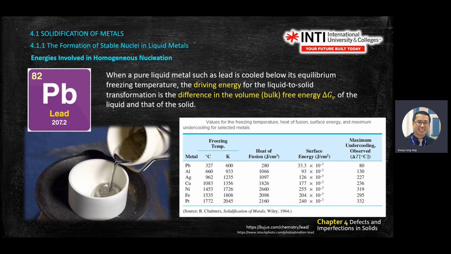Undercooling is 80. Surface energy is 33 times 10 to the power negative 7. And heat of fusion is 28. If you compare Pb and aluminum, Pb changes more easily compared to aluminum. You see the energy needed is much lower for lead compared to aluminum.